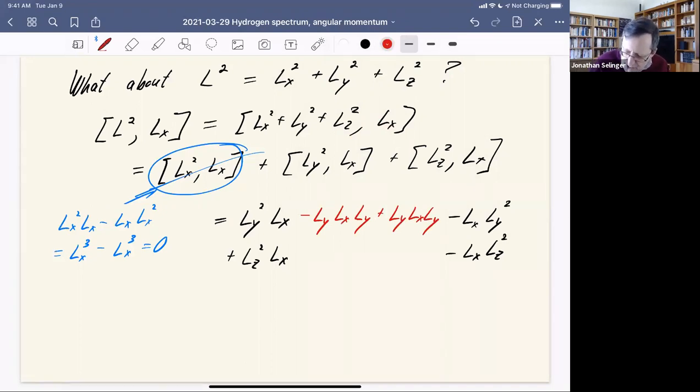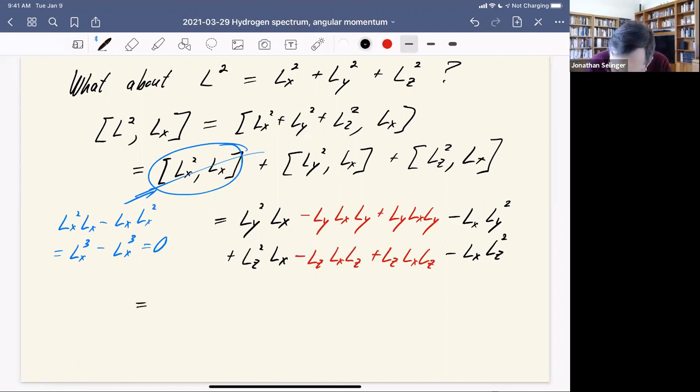And likewise, in the middle of the second line, I can say minus Lz Lx Lz plus Lz Lx Lz. Now let's simplify this.